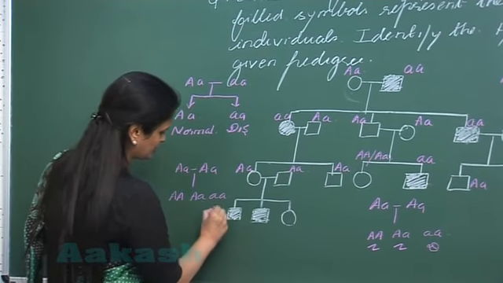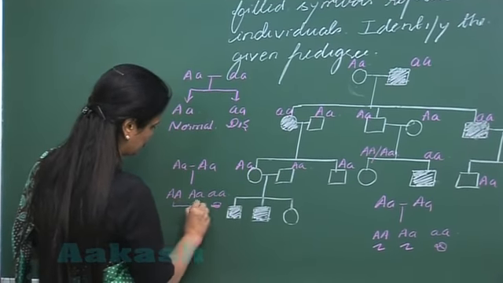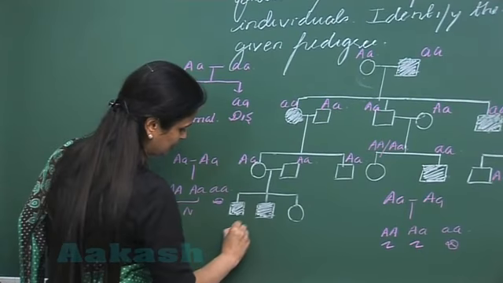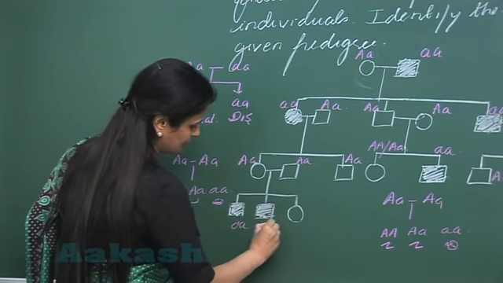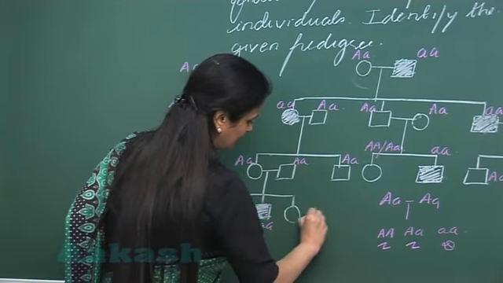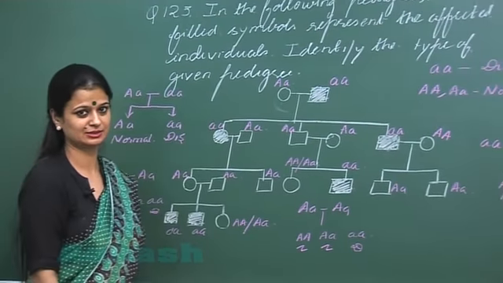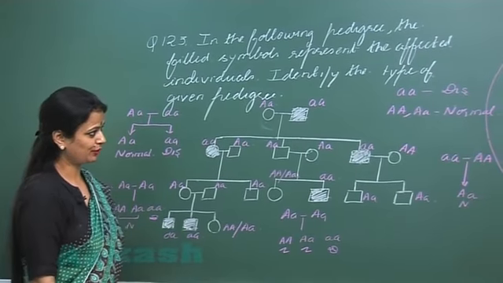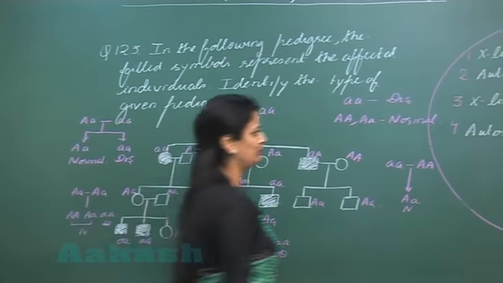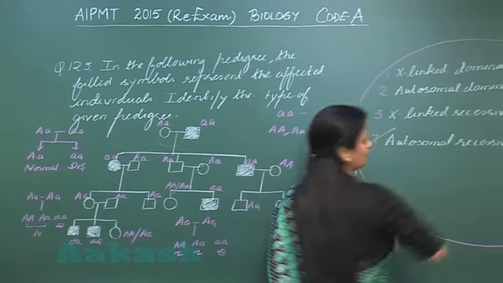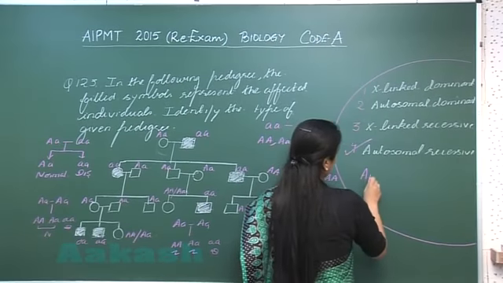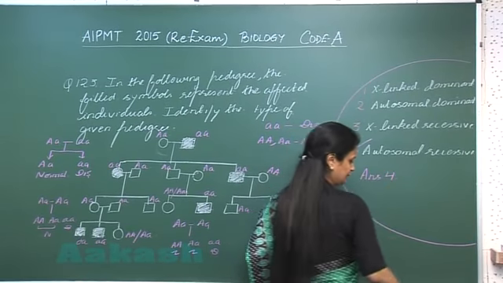So the diseased one is this, these two are normal, so this is homozygous recessive, it may be homozygous dominant or heterozygous, fine. So in this case the disease would be autosomal recessive. So the right option is option number 4.